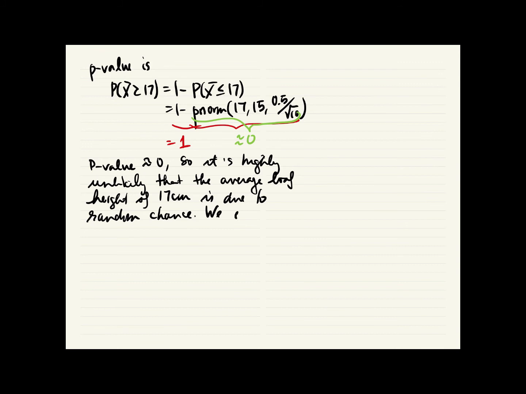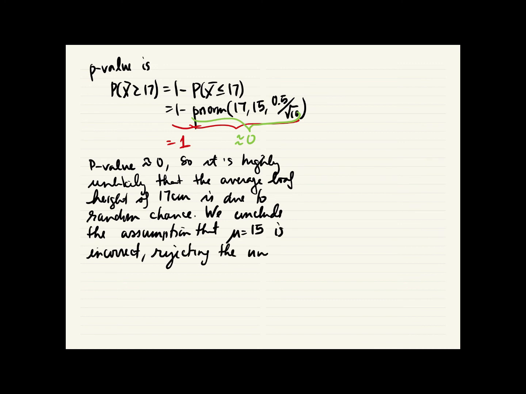We conclude the assumption that mu equals 15 is incorrect. Rejecting the null hypothesis. Right, and that's how you'd end this.